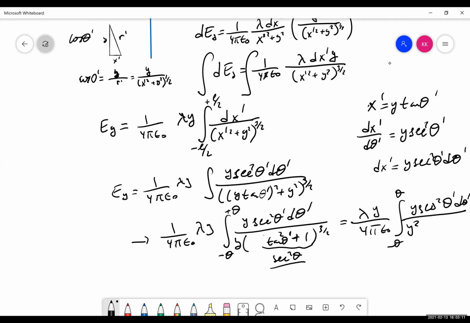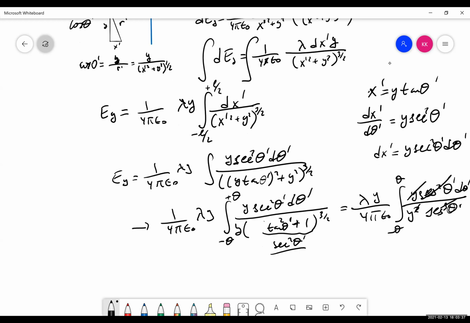Then if I take that secant squared theta to the power of 3/2, I get secant cubed theta prime. So remember, there was a secant squared theta prime at the top, secant cubed theta prime at the bottom. There's a y over here, y squared over there. So this cancels out, that cancels out.